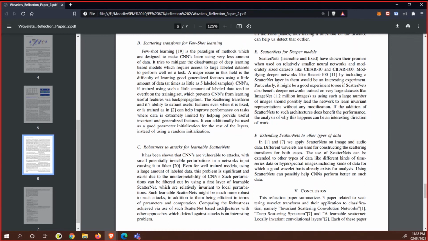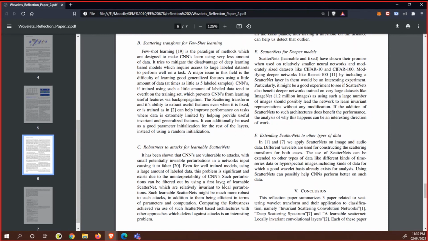Another application for scatter nets is that they can be used to provide models some degree of robustness to attacks. Adversarial attacks on deep neural networks are a very hot area of research currently because convolutional neural networks are being used in a variety of systems these days.